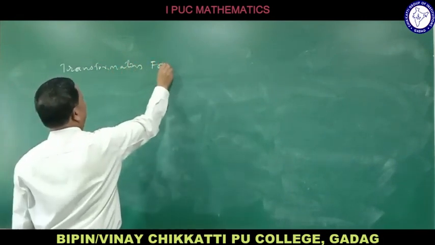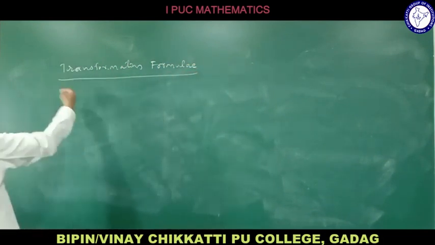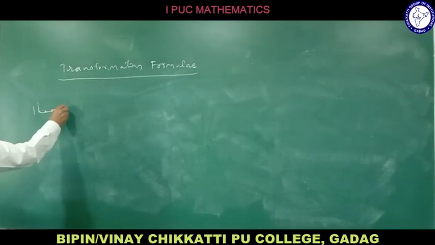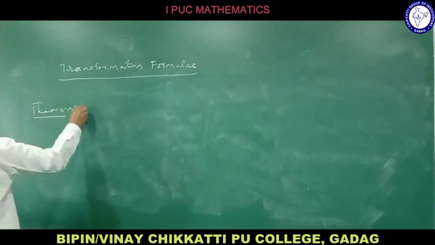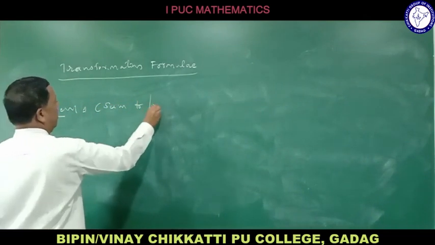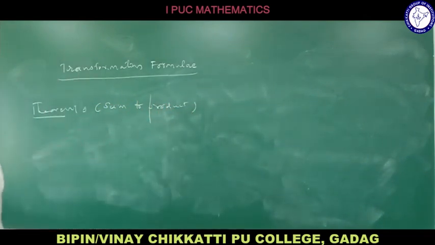Transformation formulae, in some books they are called product formulae. The first theorem, very important, is sum to product. I am writing sum to product. First I write the formula, then I have to prove how we get all these things, and accordingly we have to see the result.